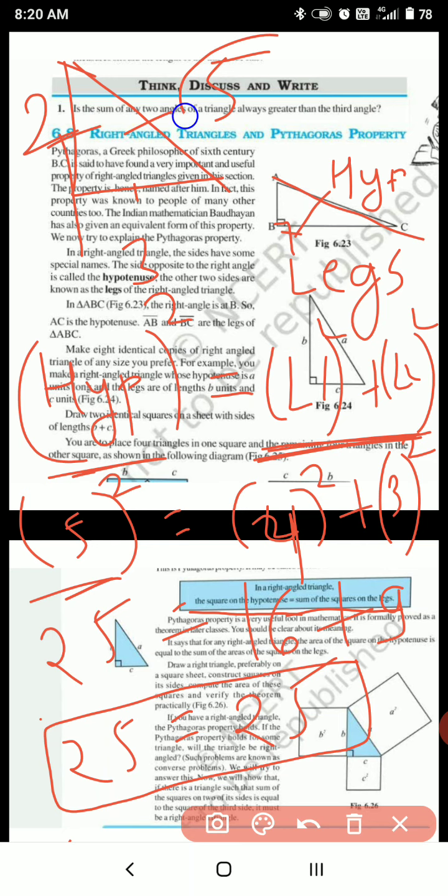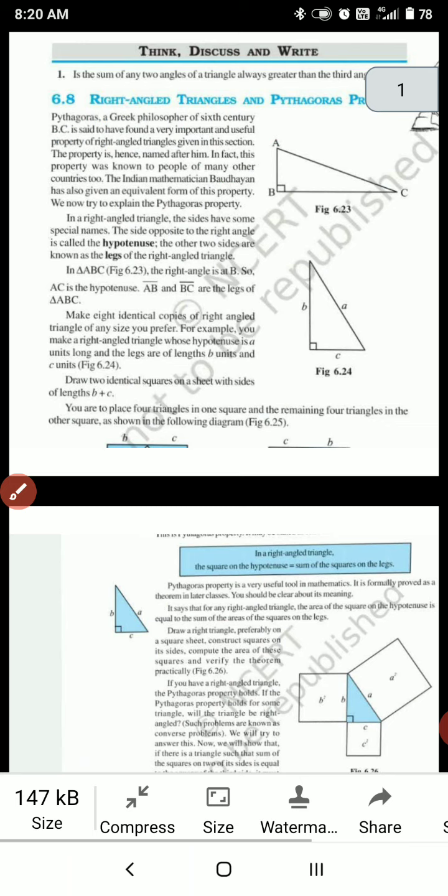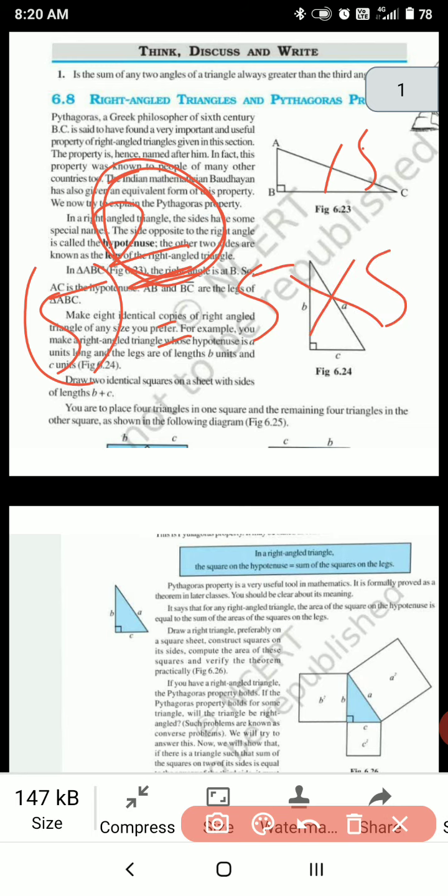If you want to find the square of 5, this index 2 is called square. We will multiply 5 with itself, 5 into 5, and 5 fives are 25. Like that we will find the square of a number.